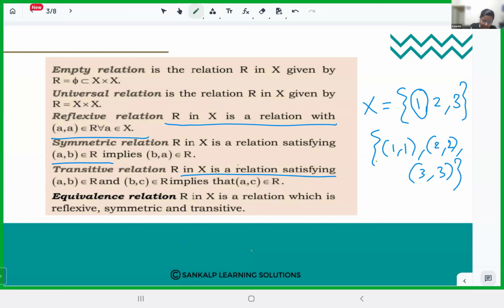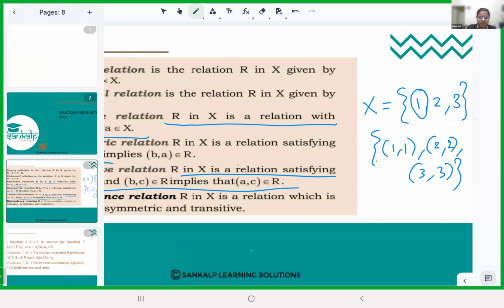A relation is said to be transitive if (a, b) belongs to R and we take another ordered pair (b, c) belonging to R, then definitely (a, c) should belong to R. So what do you mean by an equivalence relation? A relation becomes an equivalence relation if it is reflexive, symmetric, and transitive. So these are the topics that we discussed about relation in this chapter.